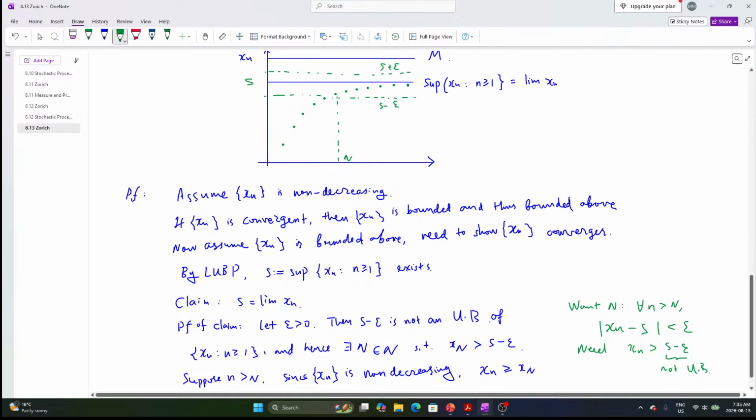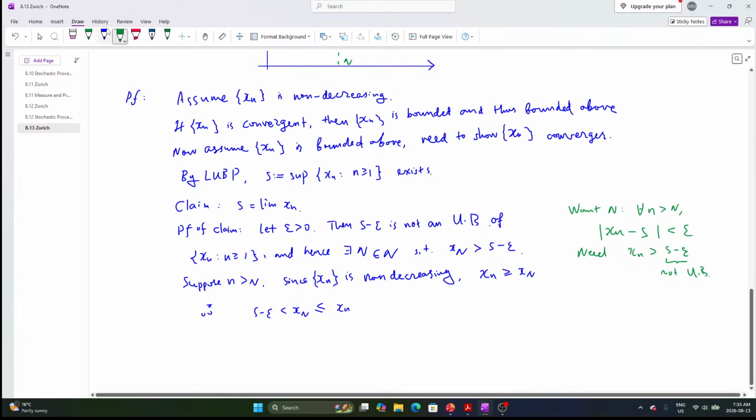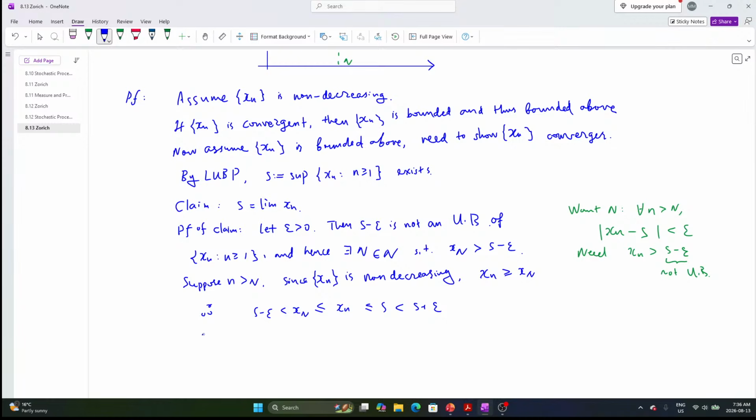And now, on the other end, this is the trivial upper bound. xn is less than or equal to s, which is less than s plus epsilon. And as a result, xn minus s absolute value is less than epsilon.